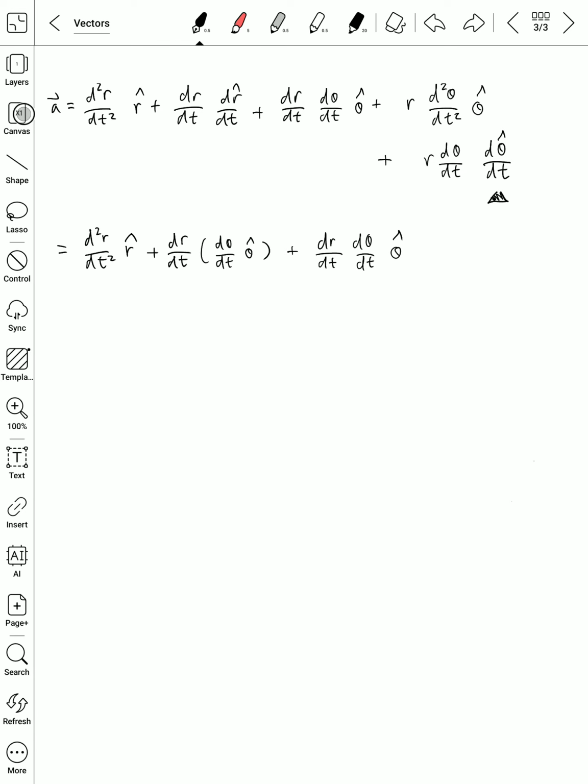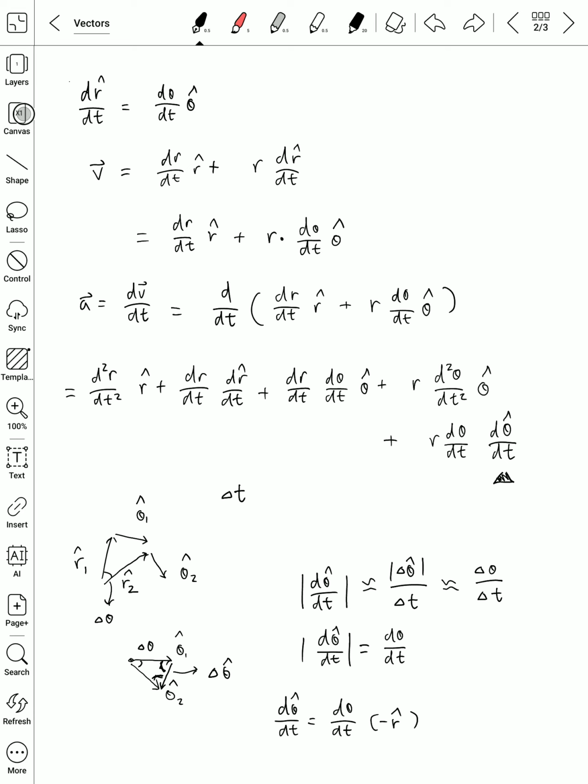This is also something that doesn't need to be further simplified. And then r times the second derivative of θ hat. We don't need to touch that. And then this one, dθ/dt times negative r hat. I'm correct, right? It was negative r hat.